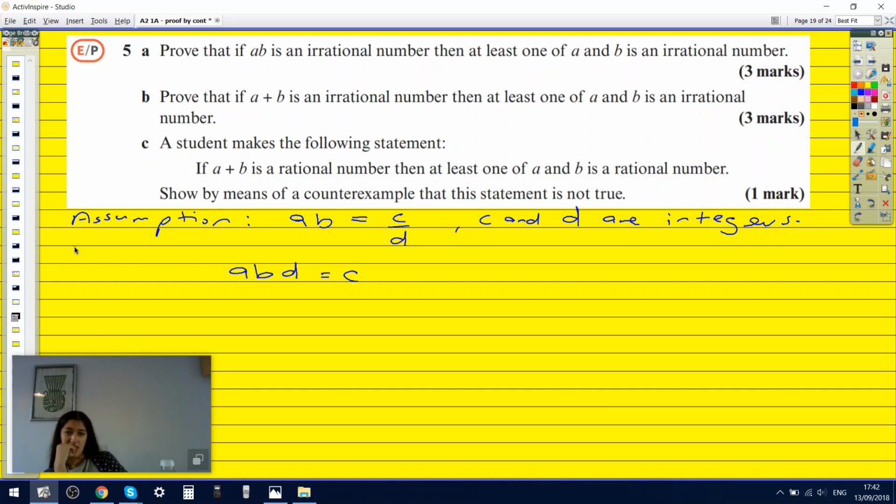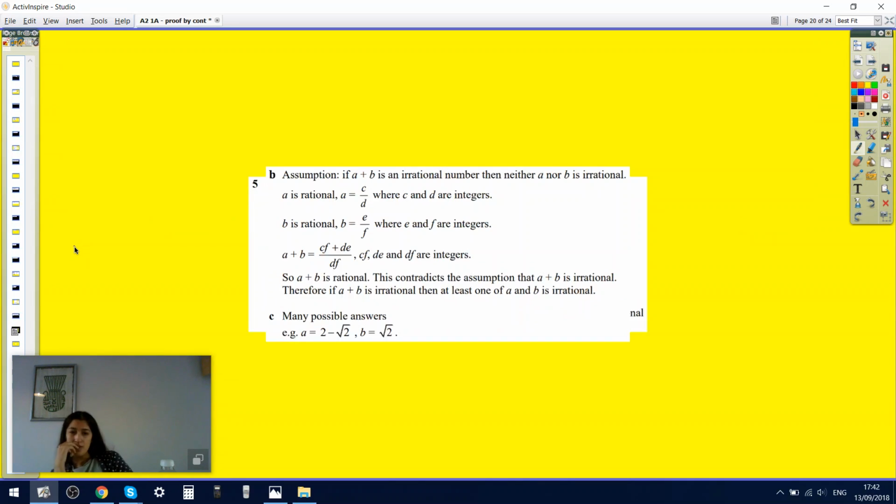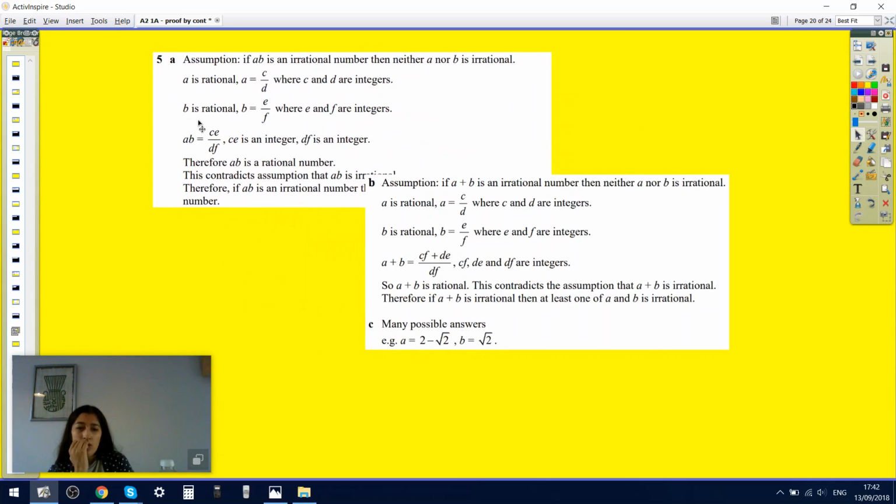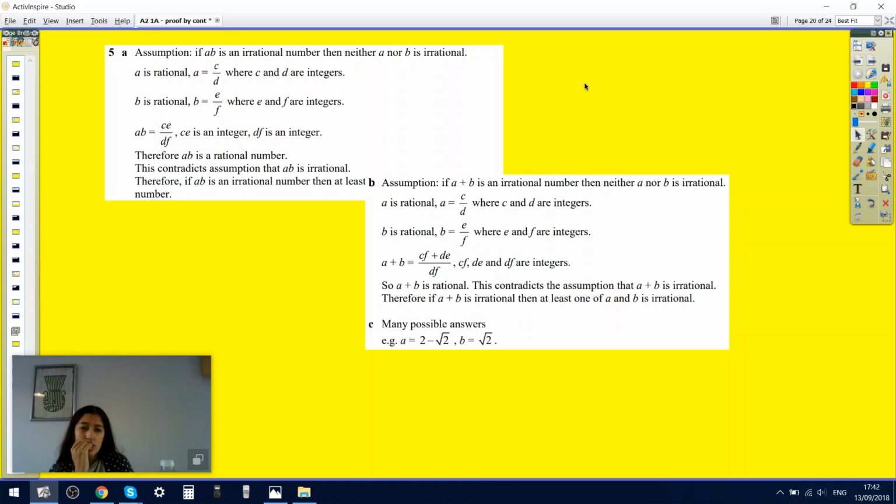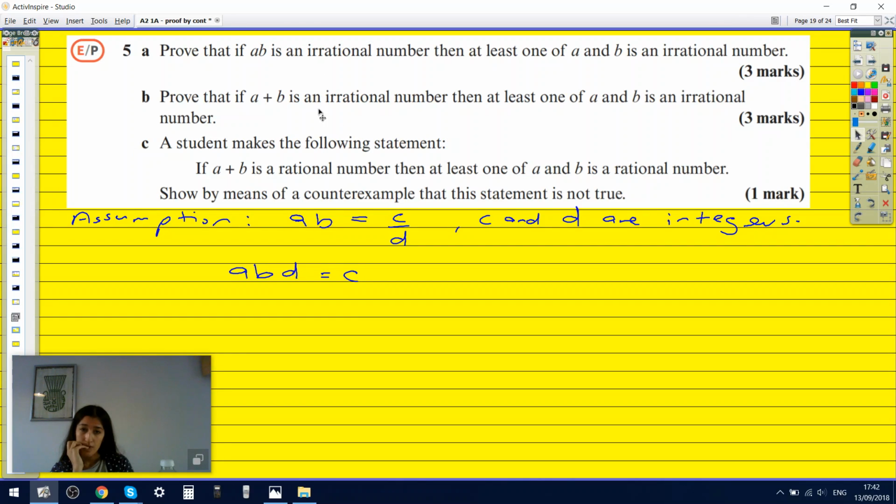So if AB is irrational, then at least A or B. Am I right with the 4 letters here? If AB, then neither A nor B. Oh, okay. So you can break it down. So A equals C over D. So you could go even simpler, yeah, because you only have to prove that it's one of them.